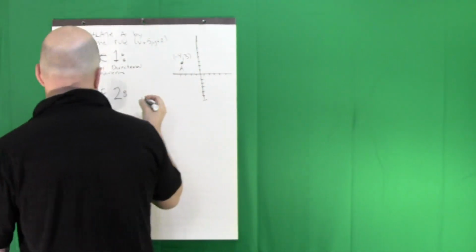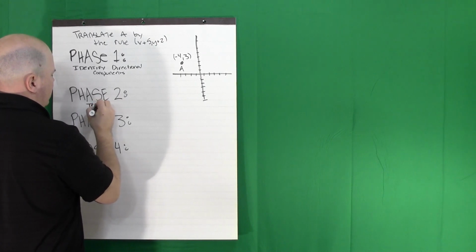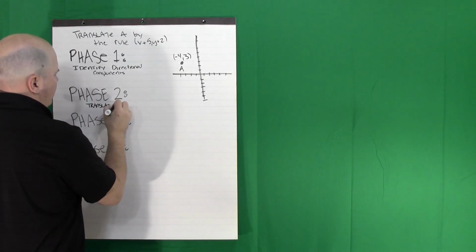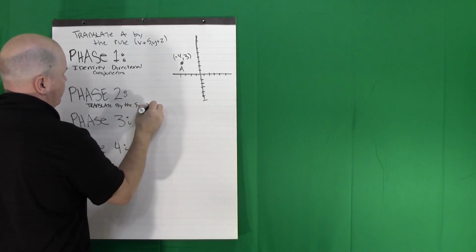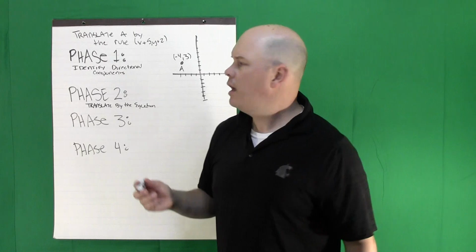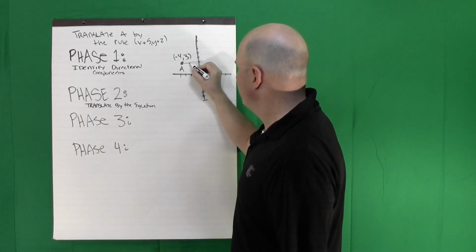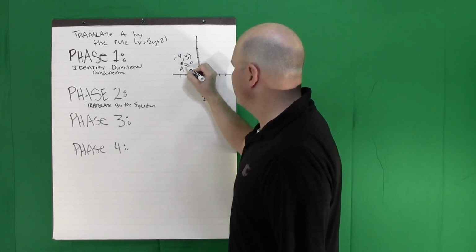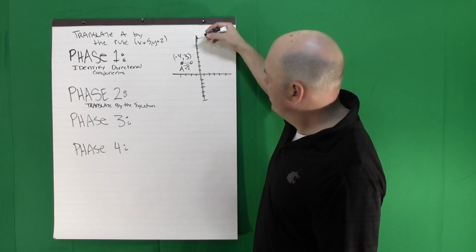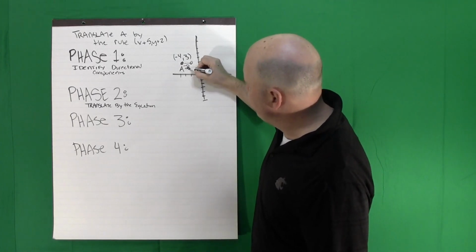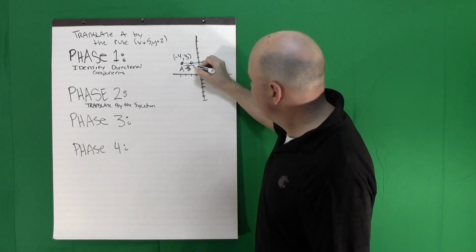So once I've done that, then I need to translate by the equation. I'm supposed to be going 5 units to the right, so I'm going to keep drawing it to here and extend that.